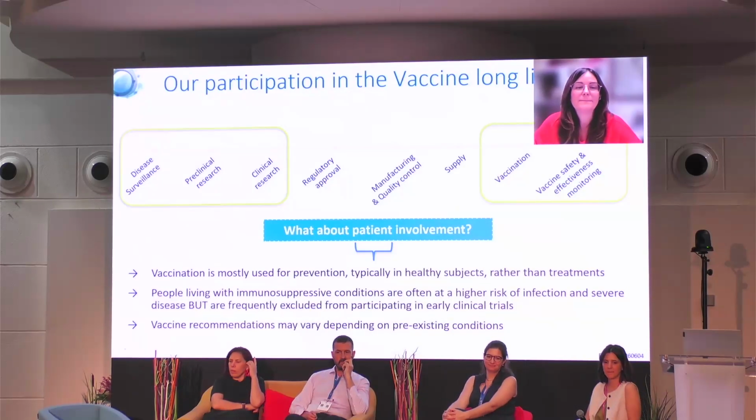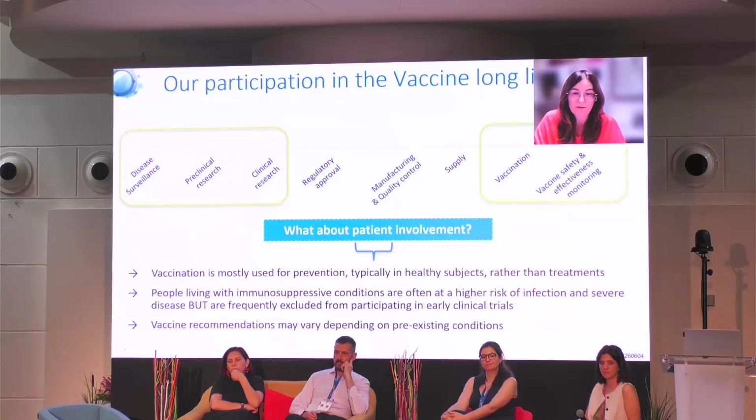So what we have in the hospitals is a lot of people living with immunosuppressive conditions. And those immunosuppressive conditions, as Charlotte was saying, basically drive a vaccine response very different from people that do not have those conditions, and they are probably the people that are going to be a major target population when it comes to the rollout of those vaccines.